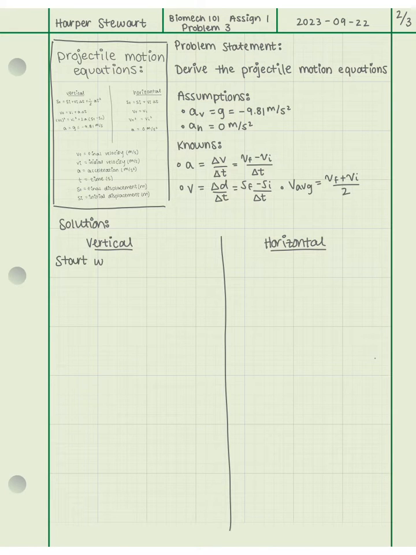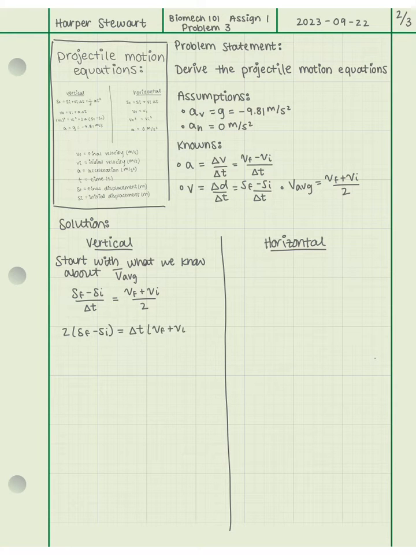We're going to start with what we know about average velocity, the formula in our knowns, and set that equal to our formula for velocity using the displacement terms. Then we rearrange so we're left with change in time on the left-hand side, which is equal to 2 times the final minus initial displacement over velocity final plus velocity initial.